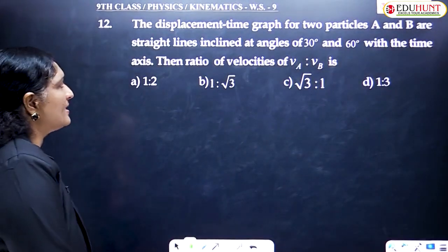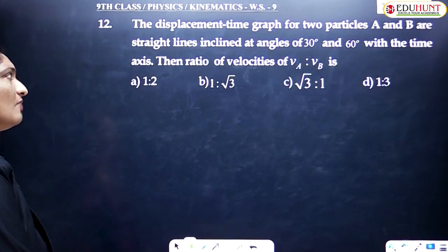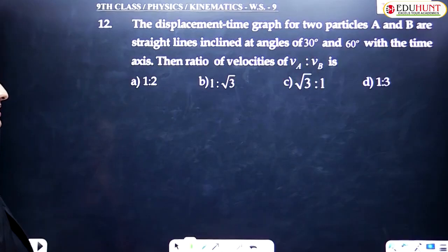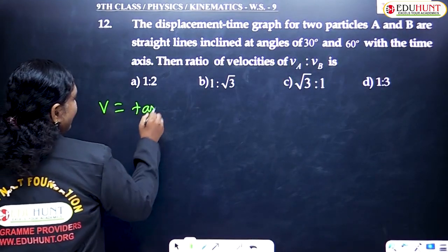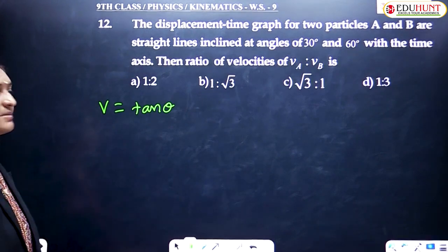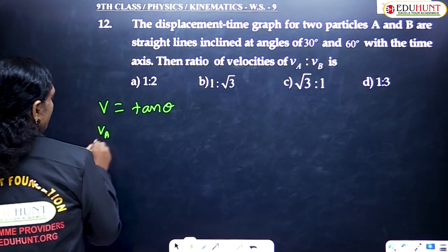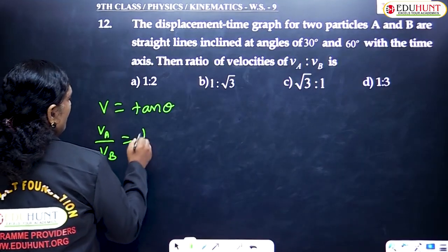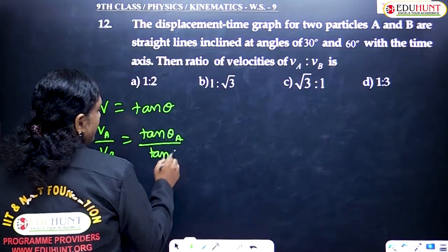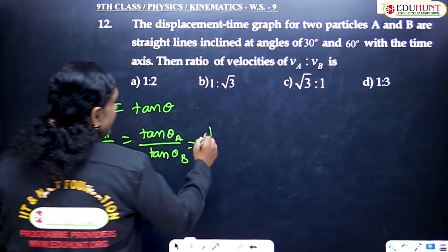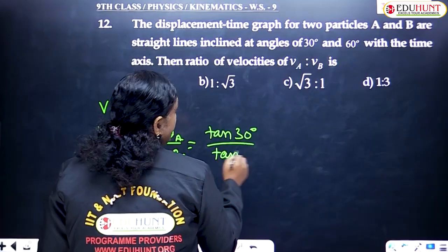Next, the 12th one. The displacement-time graphs for two different particles A and B are straight lines inclined at angles of 30 degrees and 60 degrees with the x-axis. The ratio of velocities. Children, we know that the slope of the displacement-time graph gives velocity, which is tan theta. So to find the velocities VA and VB, we have to find their slopes, tan theta A and tan theta B. The first angle is 30 degrees, tan 30, and the second is tan 60.